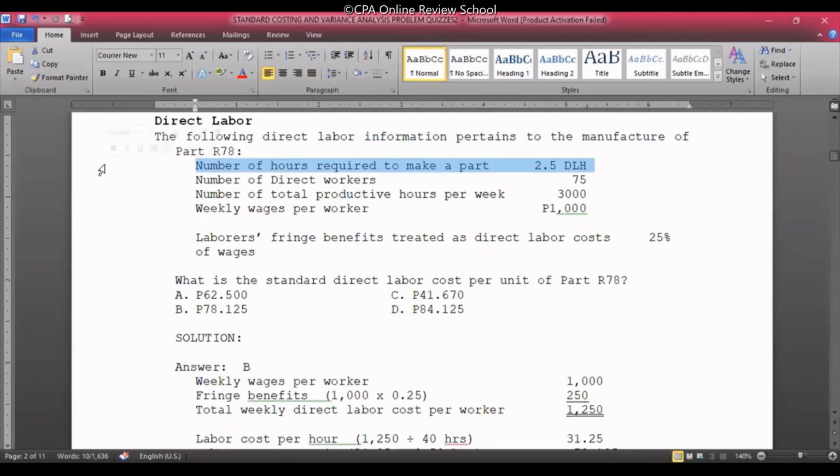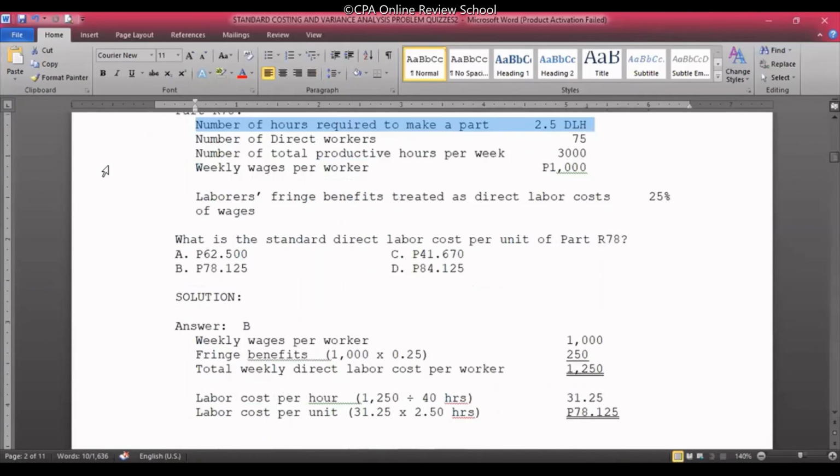Sa isang part na yon, 2.5 direct labor hour. Now, itong direct labor cost na standard natin, minultiply niya dun sa standard direct labor hour, kaya nakuha natin yung standard cost per unit na to. So, per unit yung ginawa niya dahil 2.5 hours ang isang unit, tapos ang standard cost natin is 31.25, your total per unit of R78 is 78 pesos and 125.